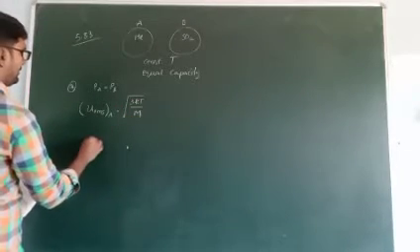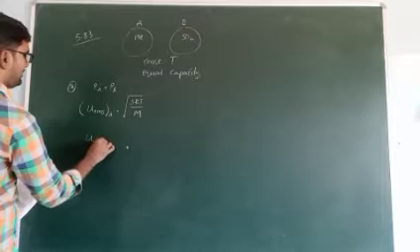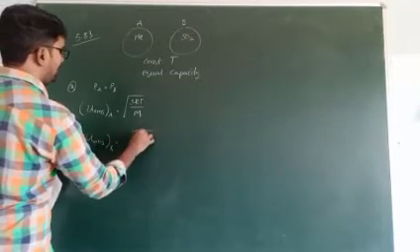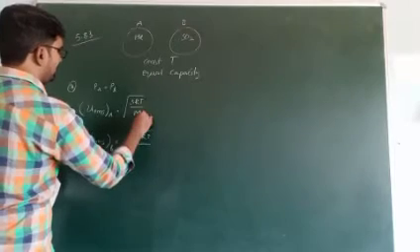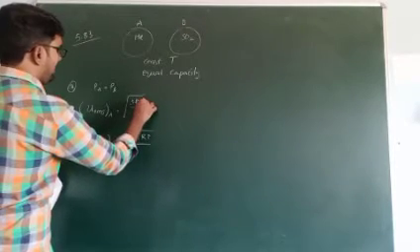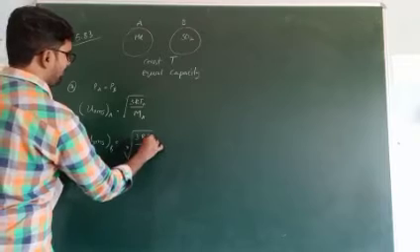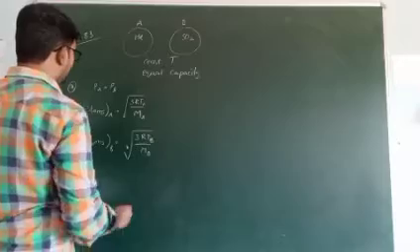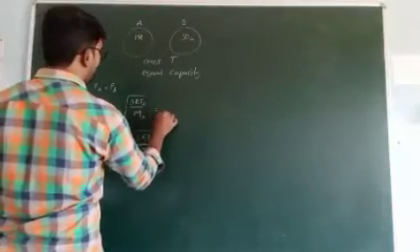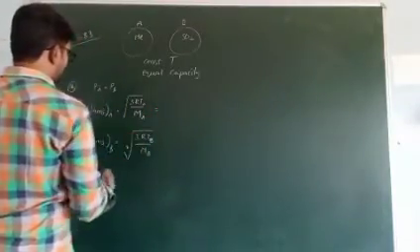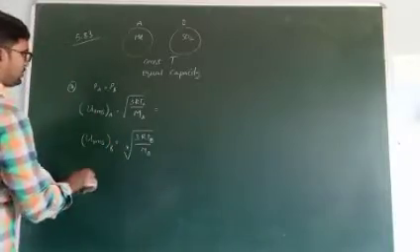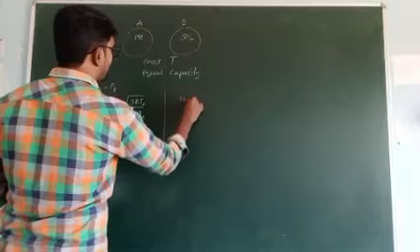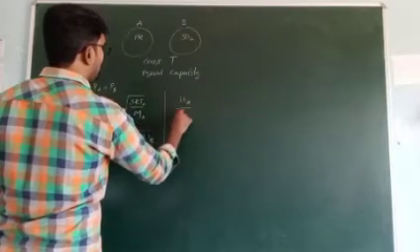For the second one, URMS of B is root of 3RT by MB. Just write the ratio, as he asked for the ratio. We can calculate directly UA by UB.